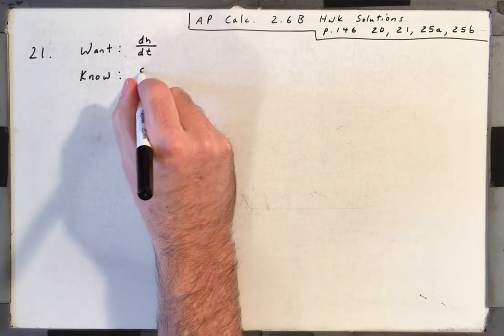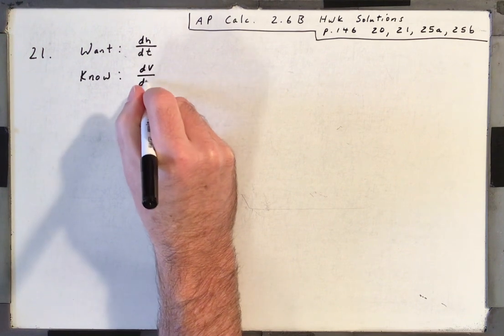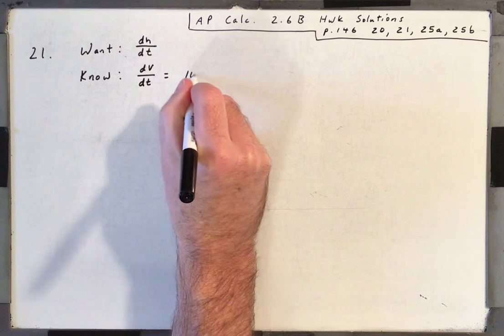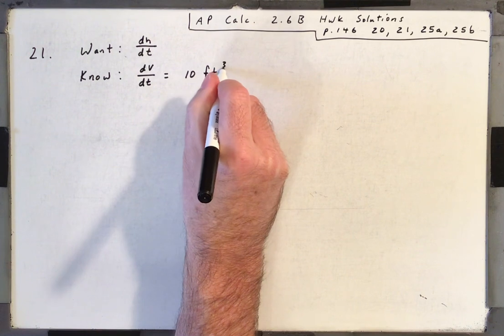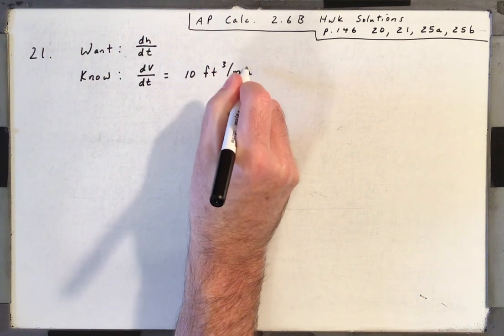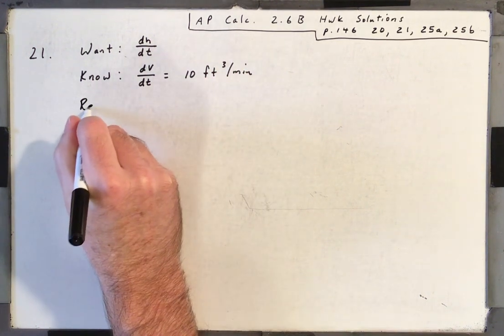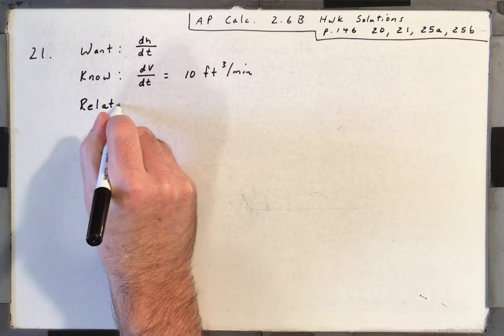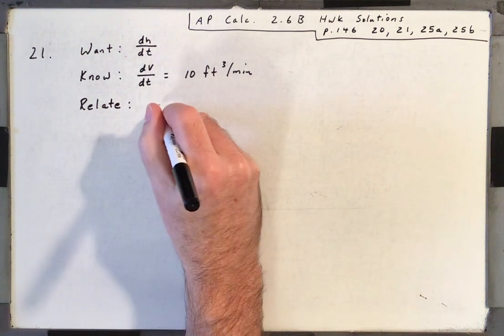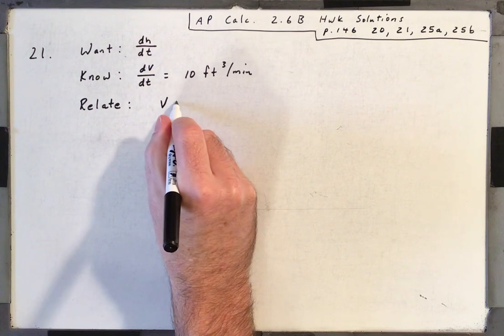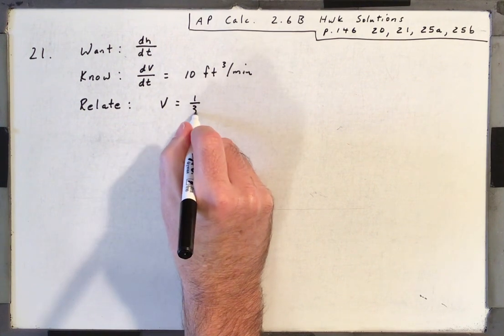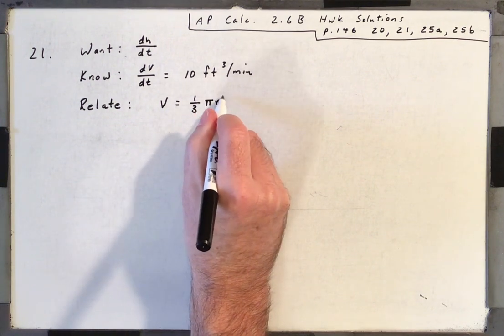Well, cubic feet would be a volume. All right, we're still going to use that volume of a cone equation, 1/3 pi r squared h.